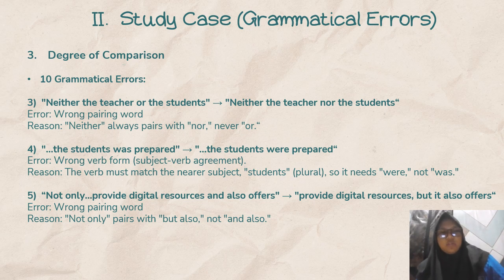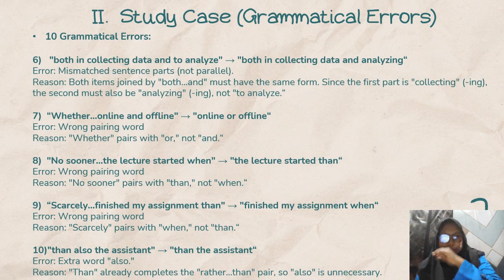Five, not only provide digital resources and also offers. It's wrong. It should be not only provide digital resources, but it also offers. It's a wrong pairing word. Not only pairs with but also, not and also. Six, both in collecting data and to analyze.